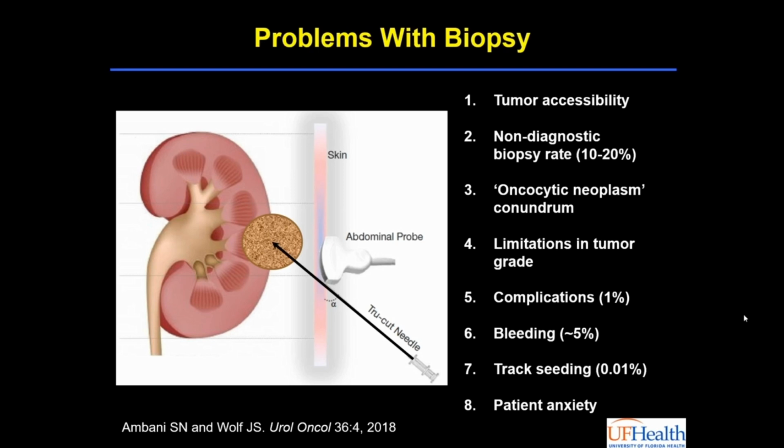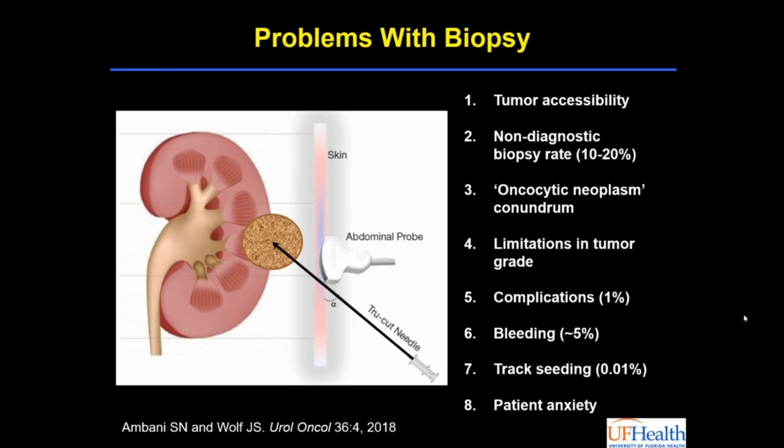Number two, even despite getting a biopsy, there's a non-diagnostic biopsy rate of up to 20%. And that's no good. So a patient goes through an intervention and then we still don't know what it is. Third, there's a condition called oncocytic neoplasm. So this is a sort of a gray zone, if you will, between what could be a cancerous tumor versus what looks to be similarly a benign tumor.